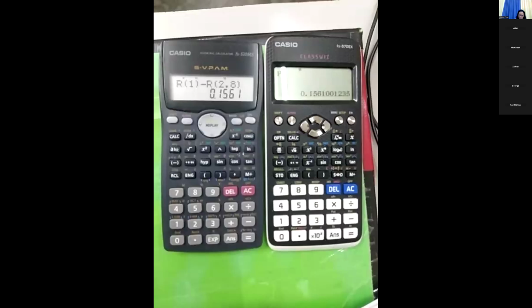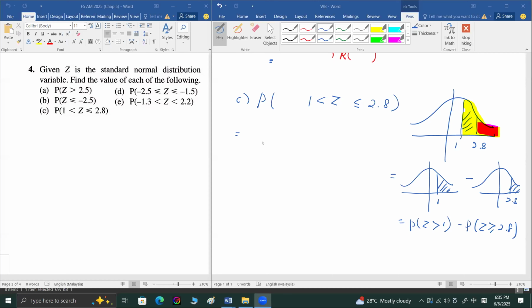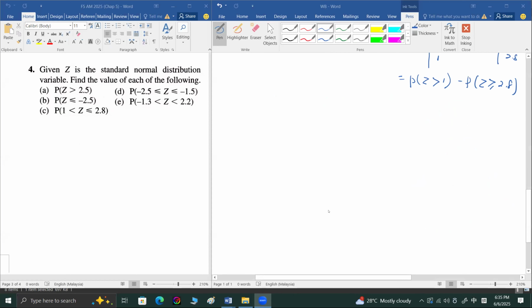Lies between. Okay, class? Now I've explained this to you, I want you to try one question using a calculator. After that, I'll use the graph table to show you. So here is 0.1561. Okay, one more easy one, class.